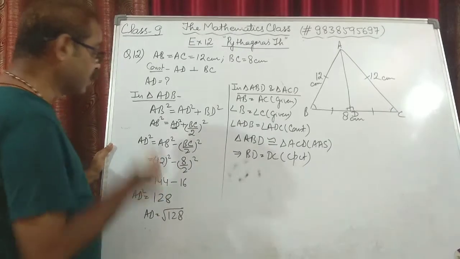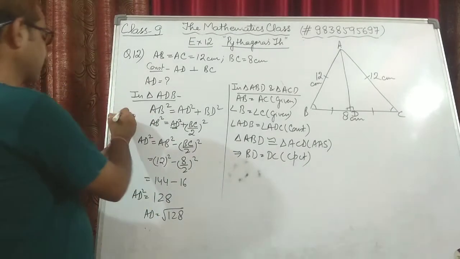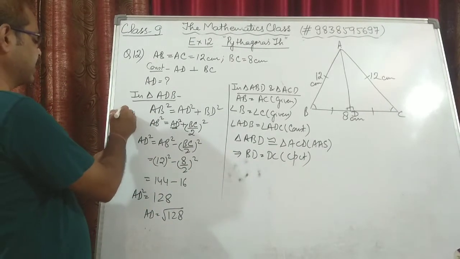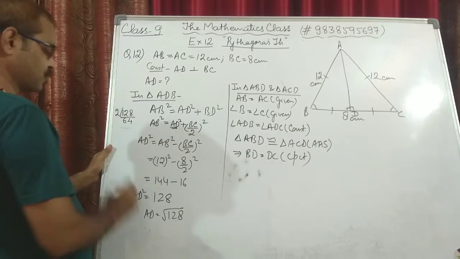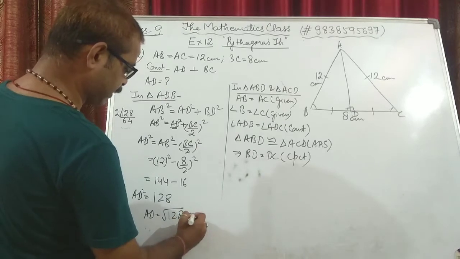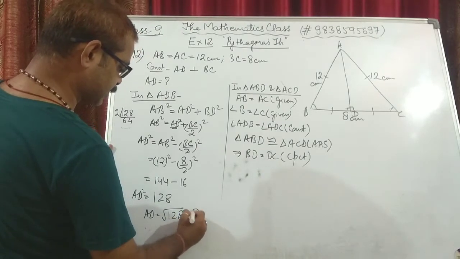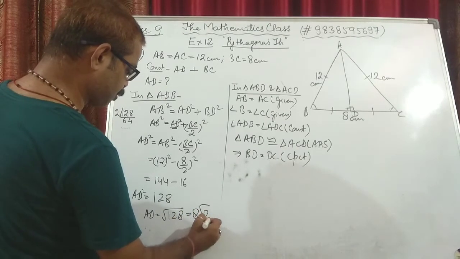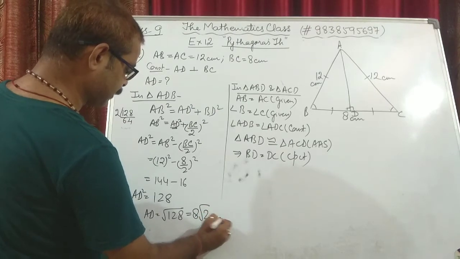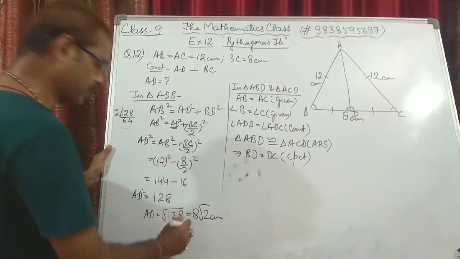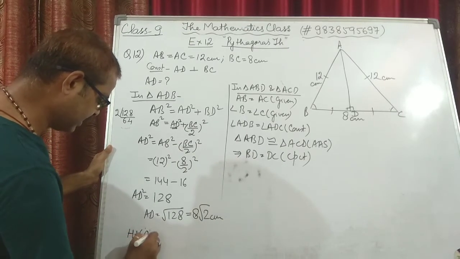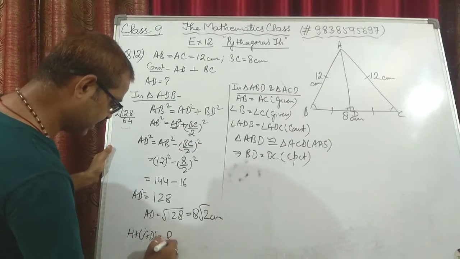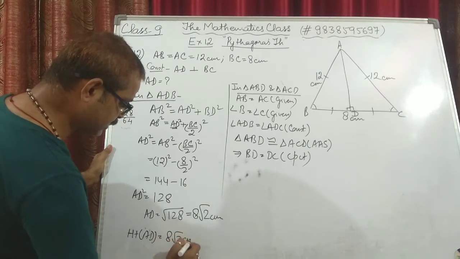We'll find the root of 128. When you factorize 128, it is 2 into 64, and root 64 is 8. So 8 root 2 centimeters is the side AD, or you can say altitude or height. Height AD we are getting as 8 under root 2 centimeters.